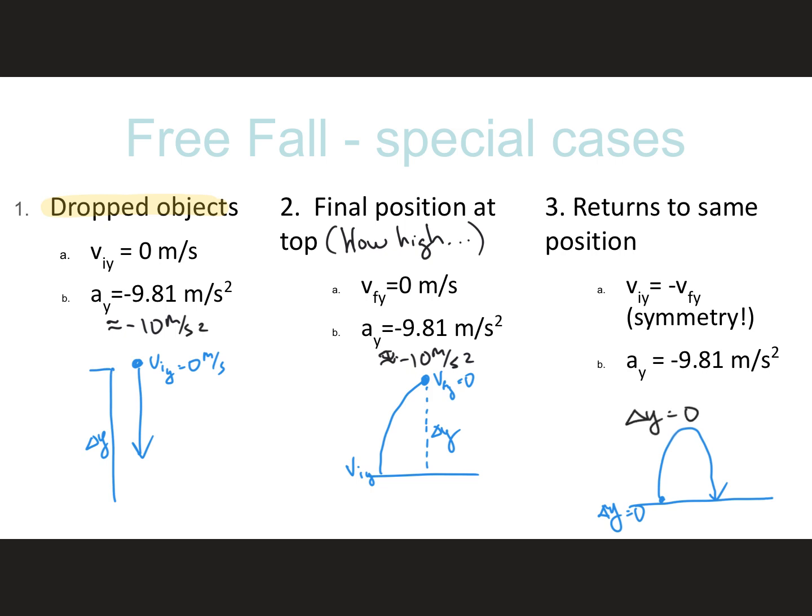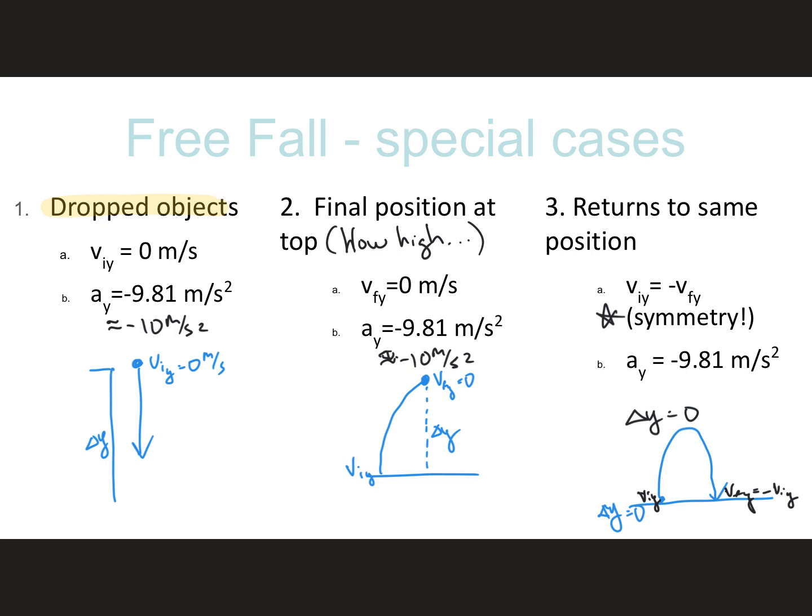It also means, because of symmetry, that your initial velocity in the y direction has to equal the negative of the final velocity in the y direction. And that's basically because as you're going up, gravity is acting on it every second, all right?